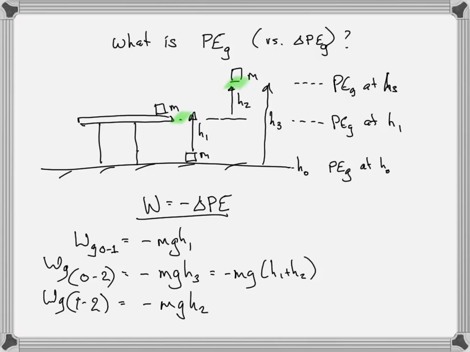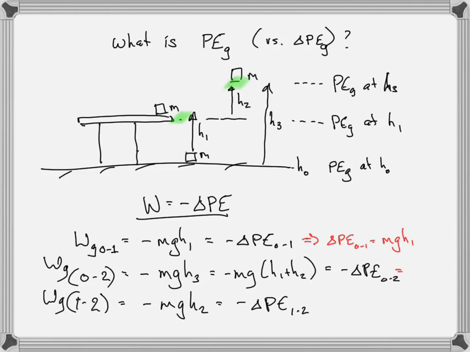So we know the work done by gravity, and so we know, therefore, that this is minus the change in potential energy going from 0 to 1. This is minus the change in potential energy going from 0 to 2. And this is minus the change in potential energy going from 1 to 2. Again, this is all due to gravity. Therefore, I hope it becomes pretty obvious that if I cancel my minus signs, the change in potential energy from 0 to 1 is equal to mgh1.